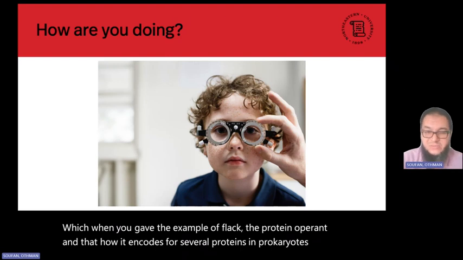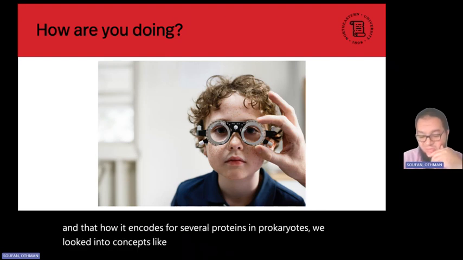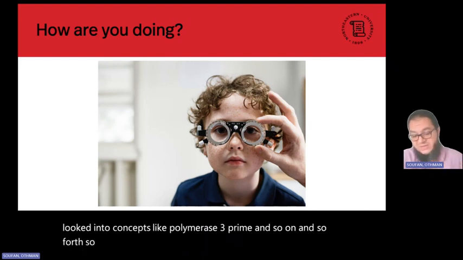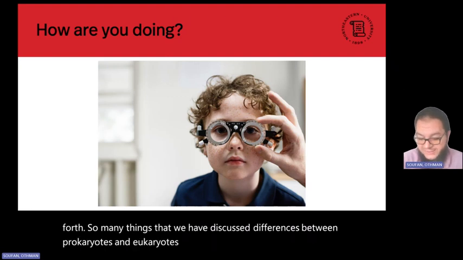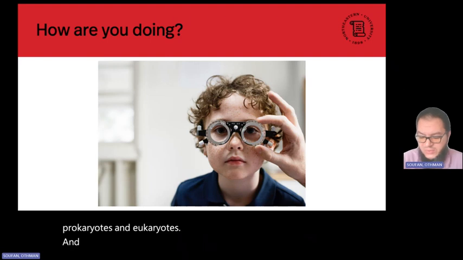We looked into concepts like telomerase, 3', and so on and so forth. So many things that we have discussed, differences between prokaryotes and eukaryotes, and also some of the things that we have looked into.